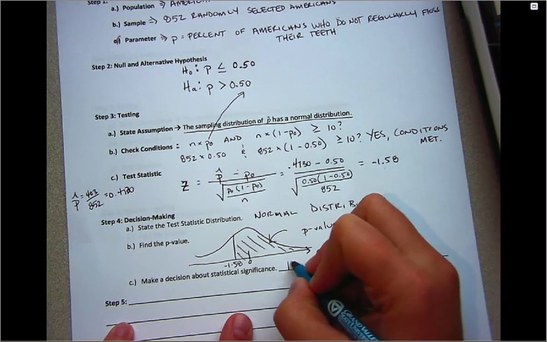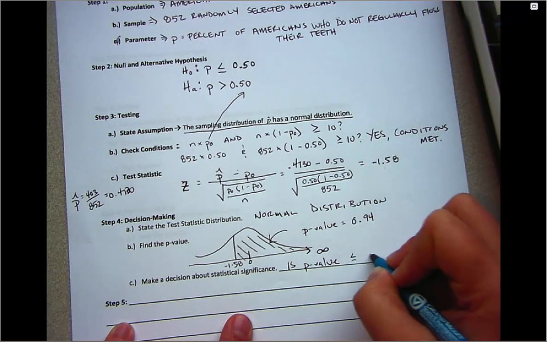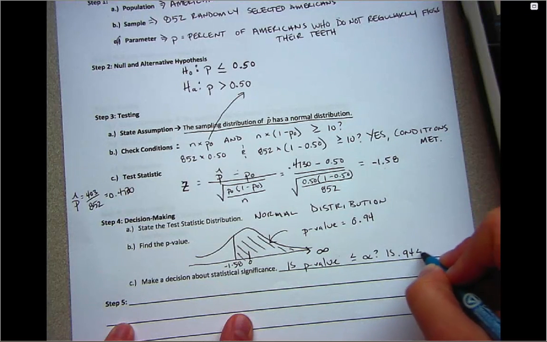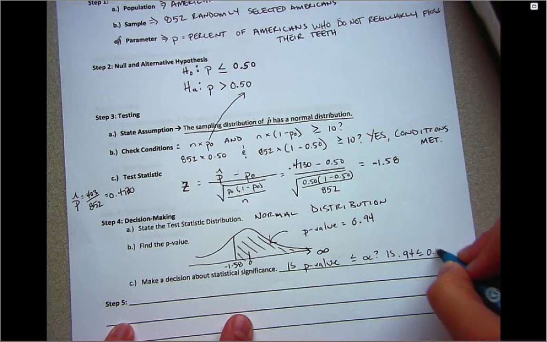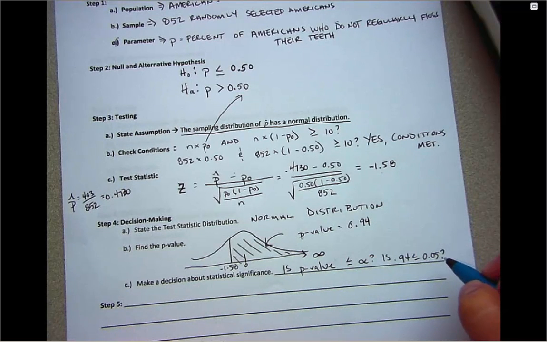So we want to know if the p-value is less than or equal to alpha. So we need to know if 0.94 is less than or equal to 0.05. The reason we want to know that is because this would indicate that our null value is far enough away from our sample value to indicate that the null value is incorrect.